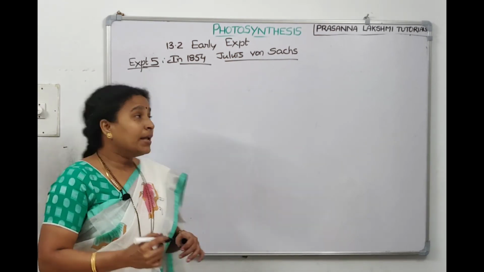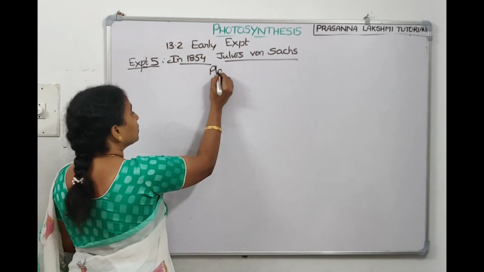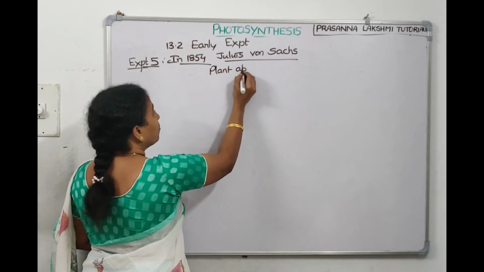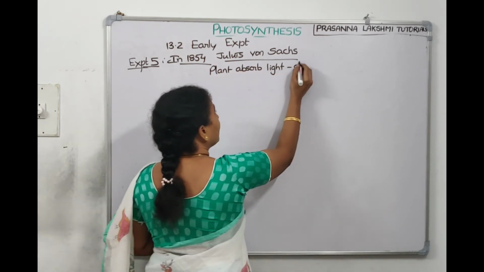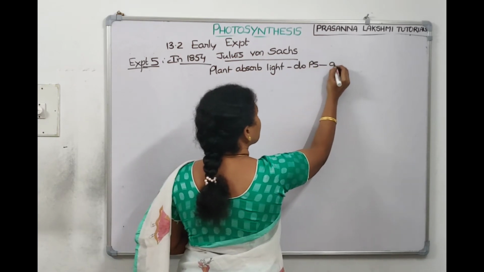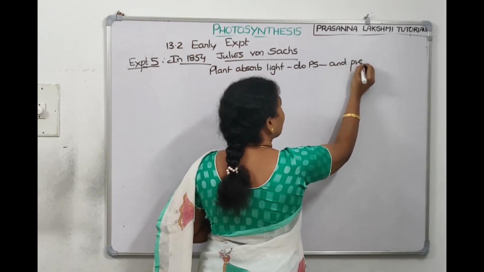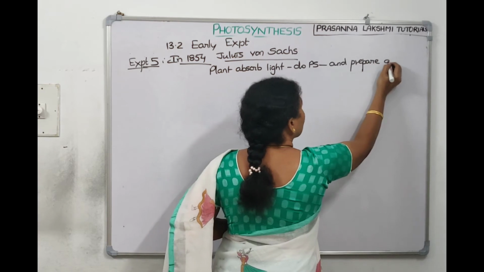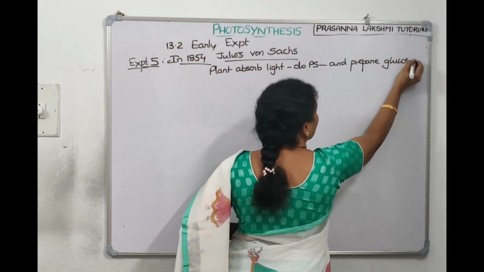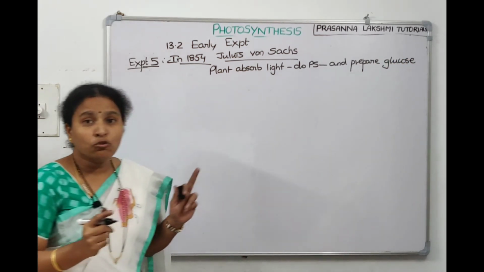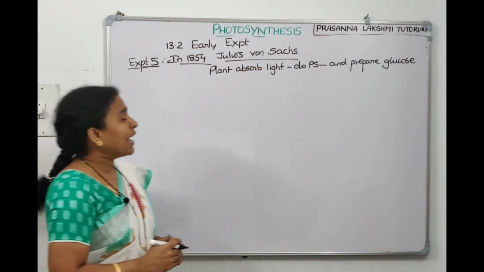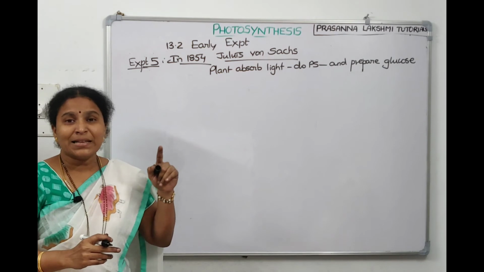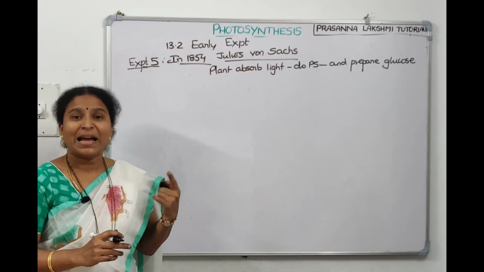What did he tell? He told that plants absorb light, they will do photosynthesis and they will prepare glucose. He told that plants do photosynthesis and they produce glucose, and this glucose is accumulated or stored in the plant as starch.